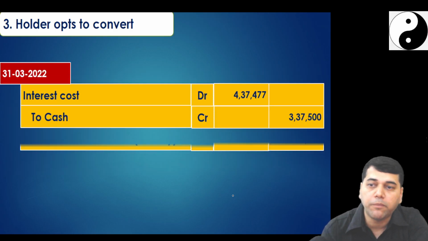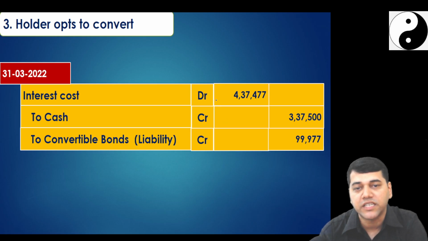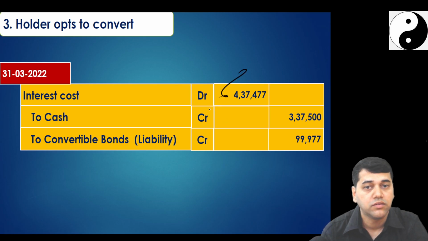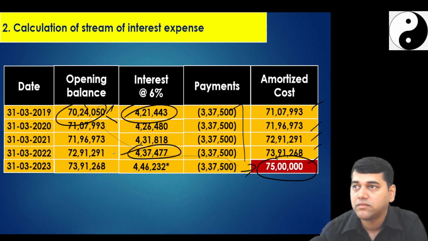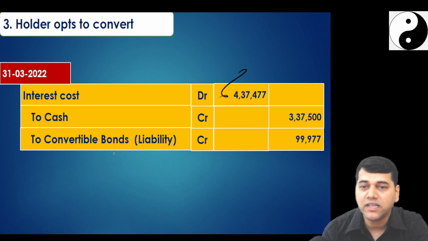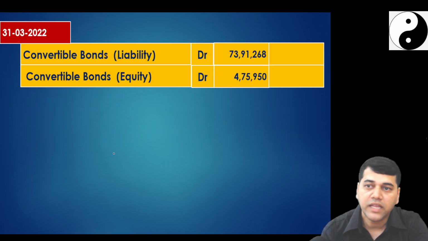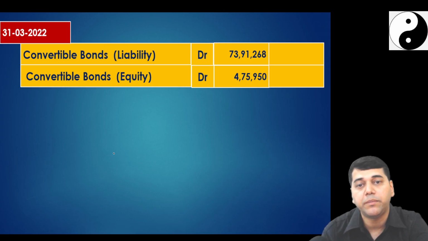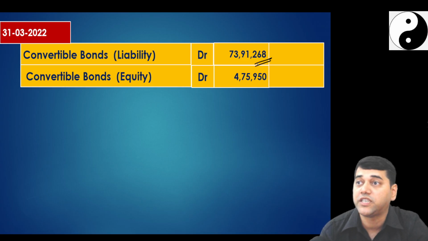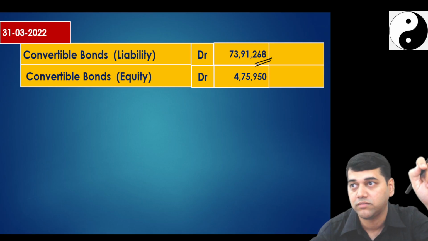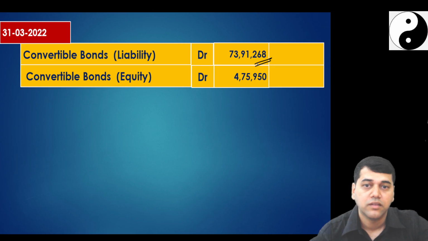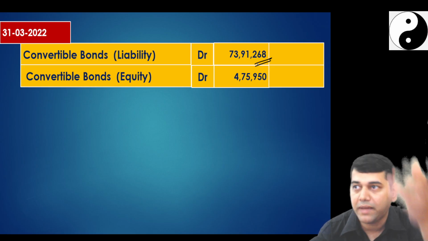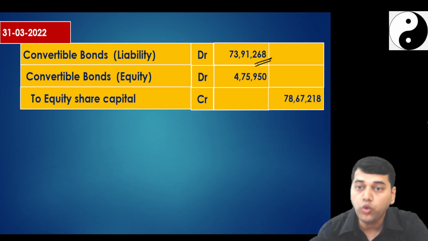Now, if the holders opt to convert in the 4th year, first I'll pass the interest entry: 4,37,477 to bank, to convertible liability. Then I'll pass the entry: bond liability account debit 73,91,268, the closing balance at the end of the 4th year. At the end of the 5th year it would have been 75 lakhs. Debit equity, whatever balances, to equity capital.